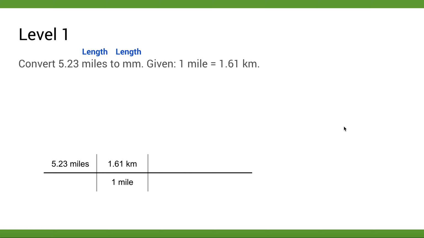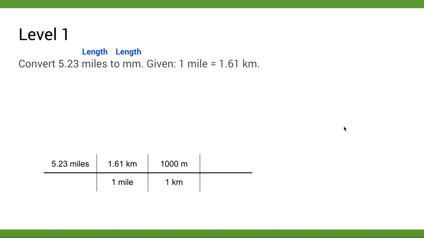After this first conversion factor, we will have a number in kilometers, but that's not what we want. We want millimeters, right? So then we need to think about what we can do. If you know the conversions, we know how to change from kilometers to meters, and that's the reason why we set up this next conversion factor.